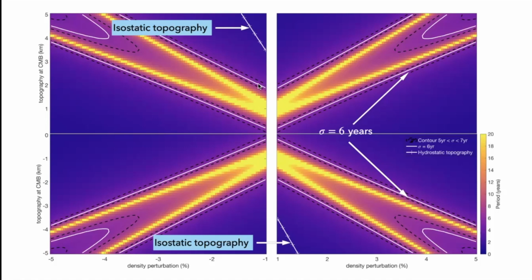So what that means is that even in the most favorable cases, you still need something that's called dynamic topography in order to reach the 6-year oscillation.